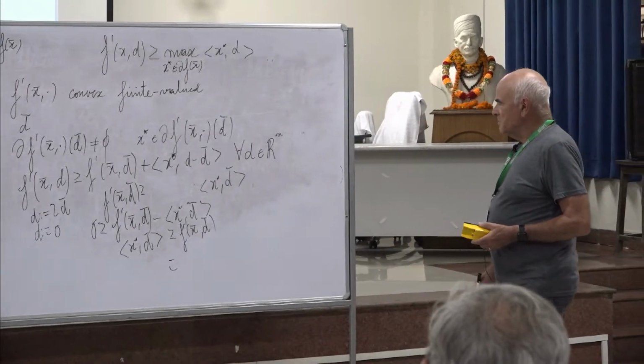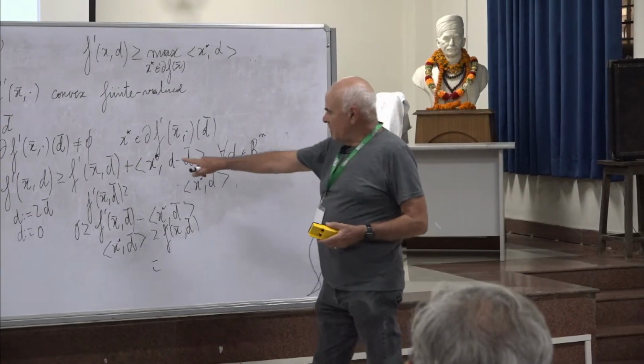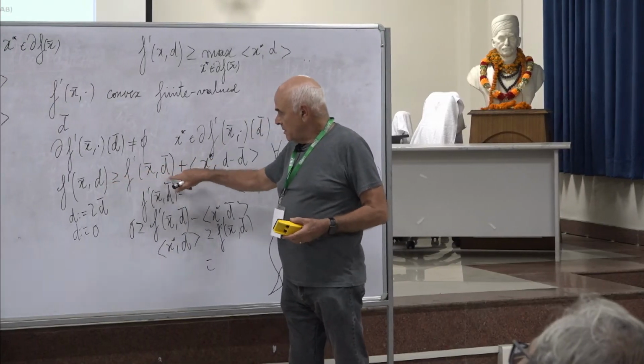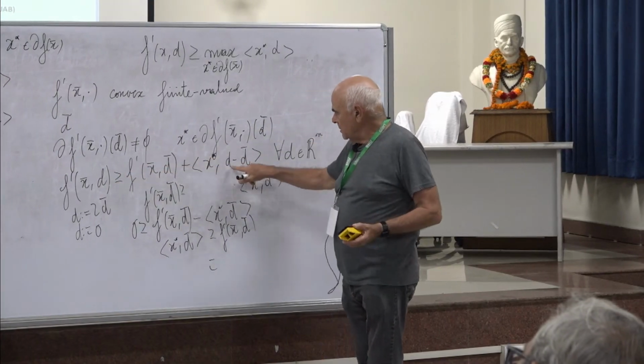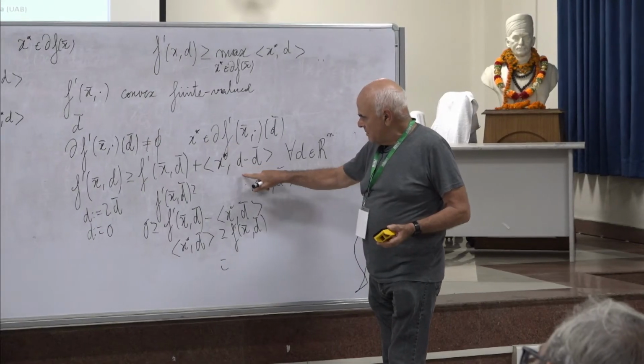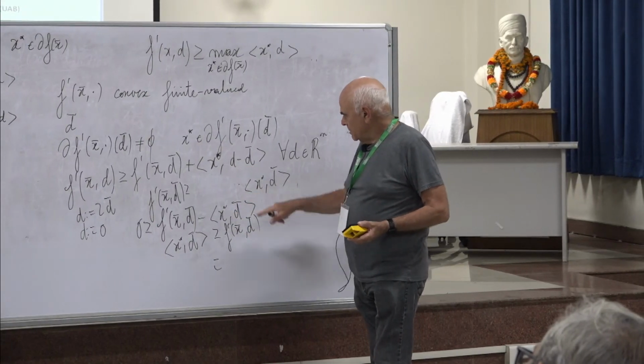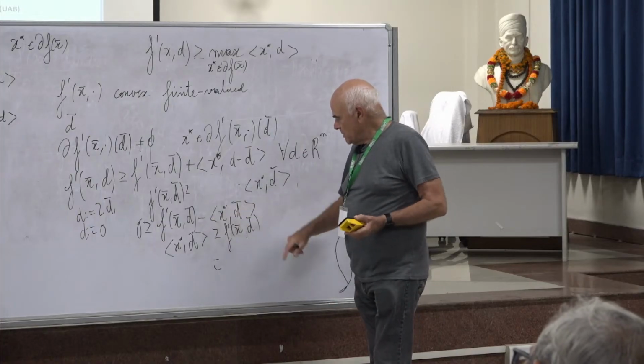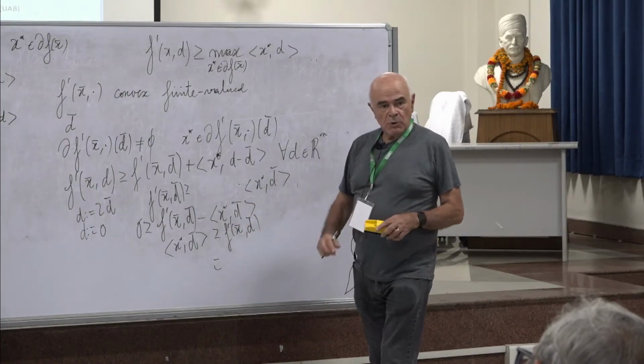Yeah, thank you. I'm coming from here. So the left-hand side is 0. And second, I don't touch anything here. And here I make d equals 0. So I get minus x star d bar.